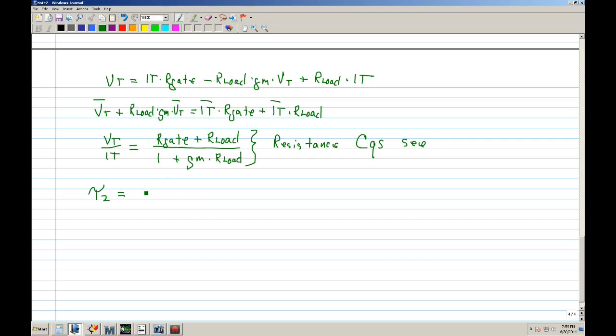Okay, so now we calculate the time constant, which is CGS times R gate, R load, 1 plus GM R load. Then let me see if I did this up there.